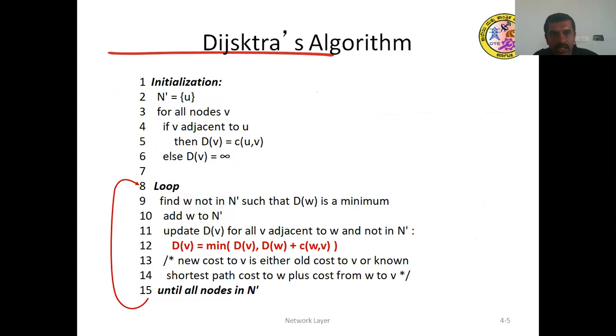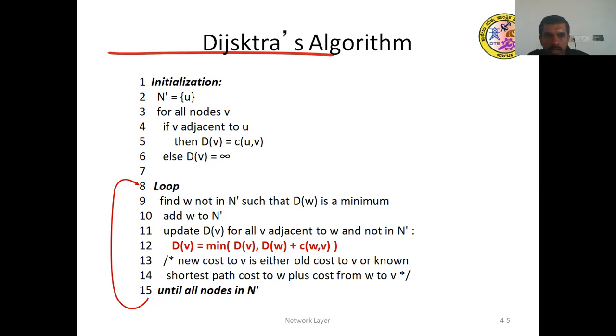The Dijkstra algorithm, you can see here, starts with the initialization. N' is equal to {u}. For all nodes v, if v is adjacent to u, then D(v) is equal to c(u,v), else D(v) equals infinity. Then find w not in N' such that D(w) is a minimum.